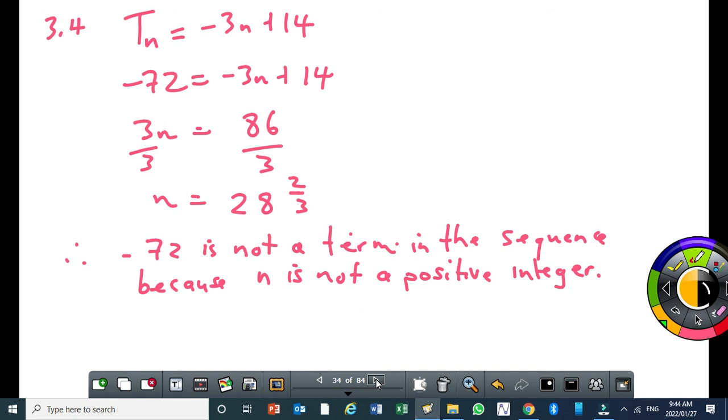Now, because this is not a natural number and it's not a positive integer, the conclusion would be minus 72 is not a term in the sequence. Why? Because n is not a positive integer, or n is not a natural number. Are you following that? Right?